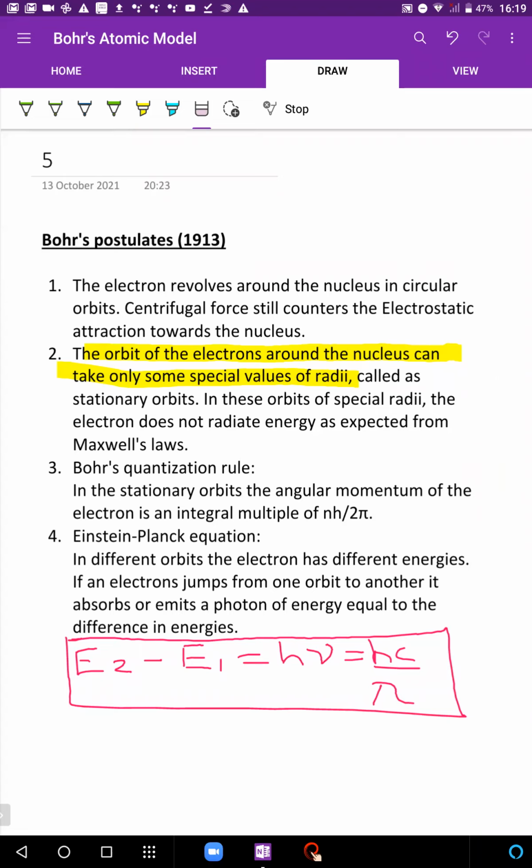So these orbits are like energy levels, is what he concludes. In these orbits of special radii, he says the electrons do not radiate energy as expected from Maxwell's laws. We'll try to understand why a little bit later, but he definitely does not explain why.